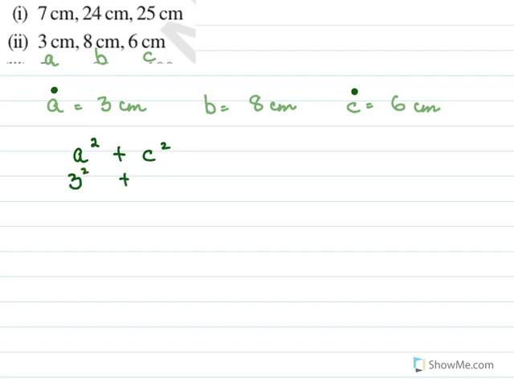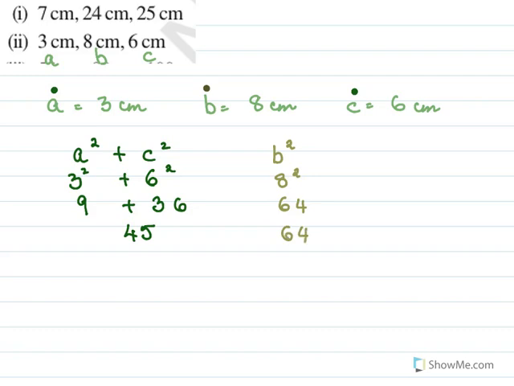That is 3 square, C is 6 square. So you have 9 plus 36, and adding we get 45. Now let's take up the longer side, which was 8 here, and we'll find B square, that is 8 square, 64.